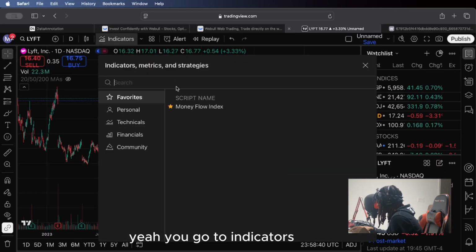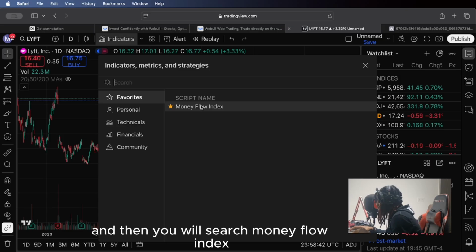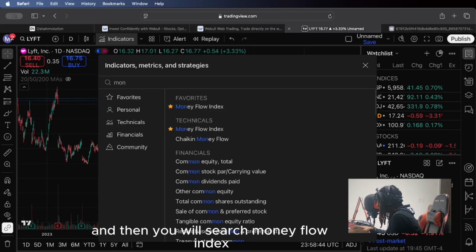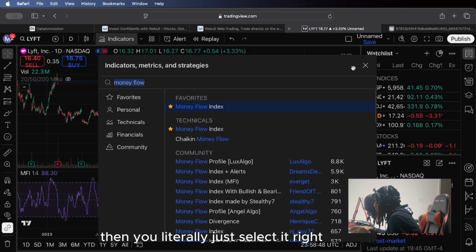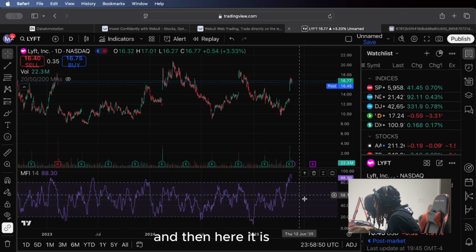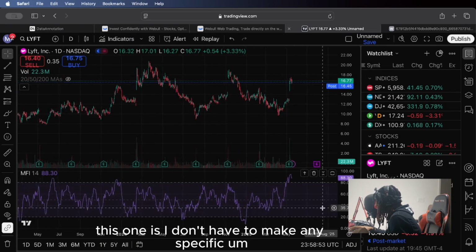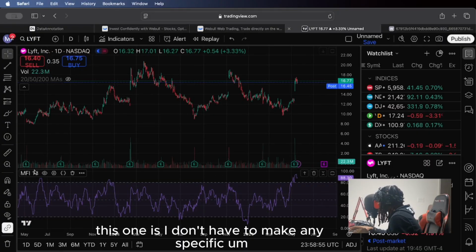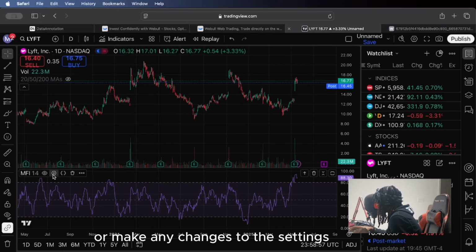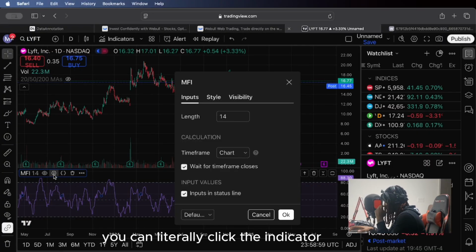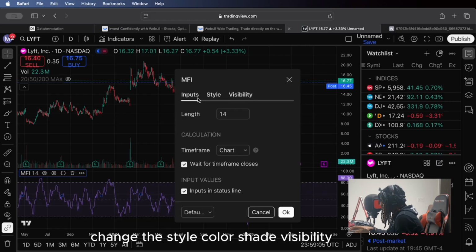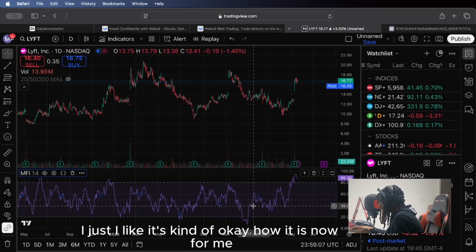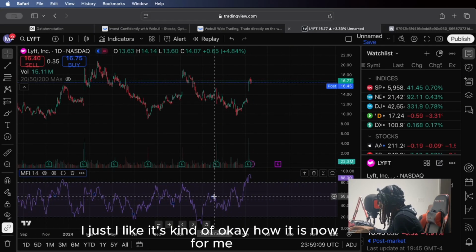Indicator. Yeah, you go to indicators and then you search Money Flow Index. Then you literally just select it, right? And then here it is. If you want to edit it or make any changes to the settings, you can click the indicator and change the style, color, shade, visibility. I don't really do too much. It's okay how it is now for me.